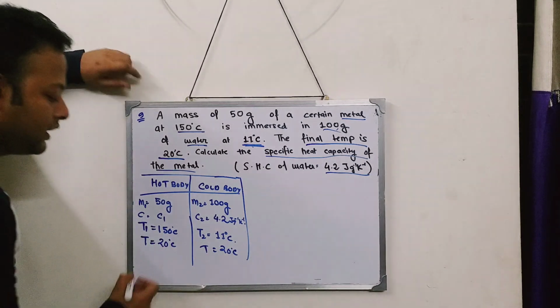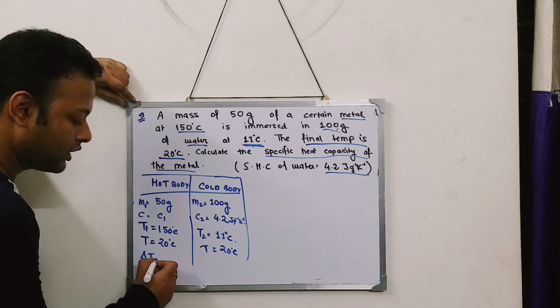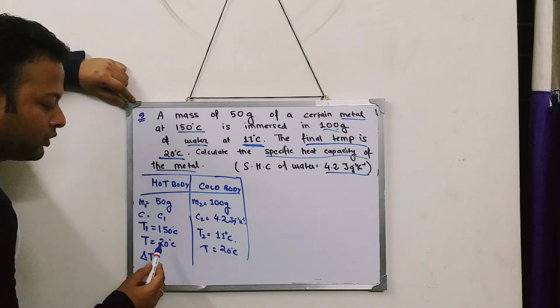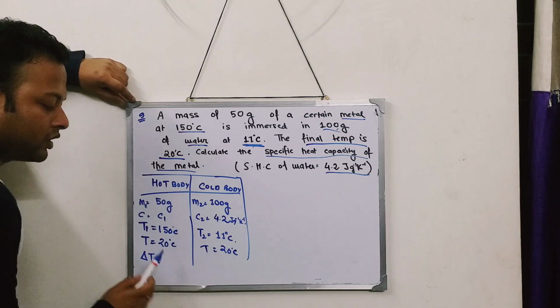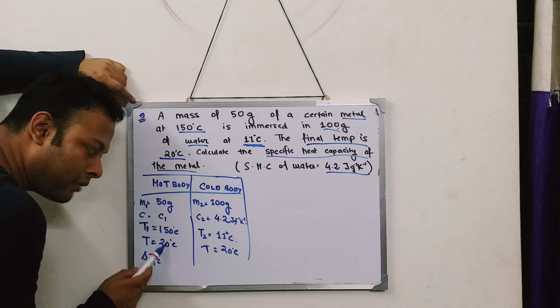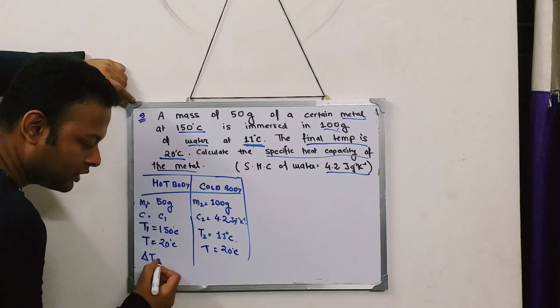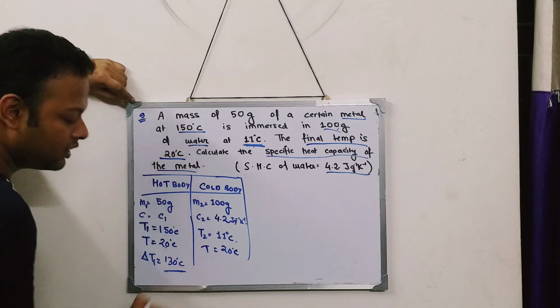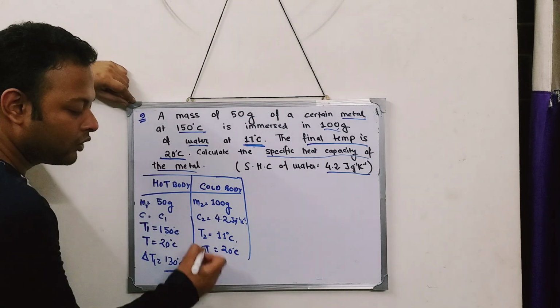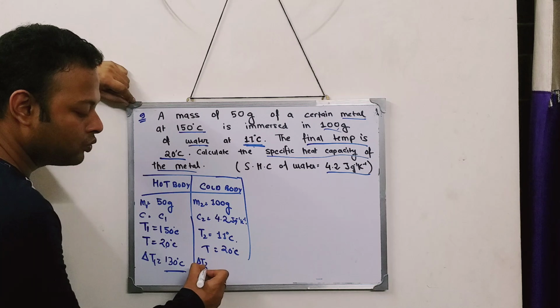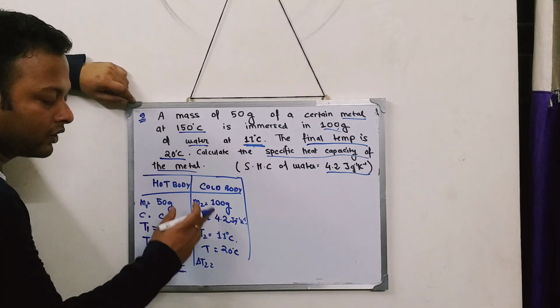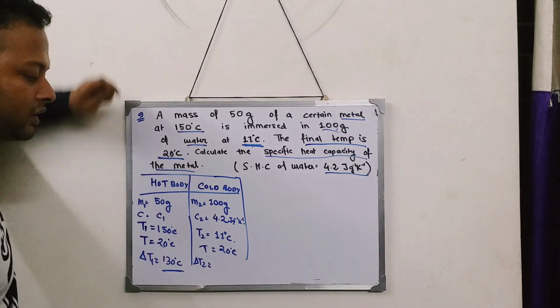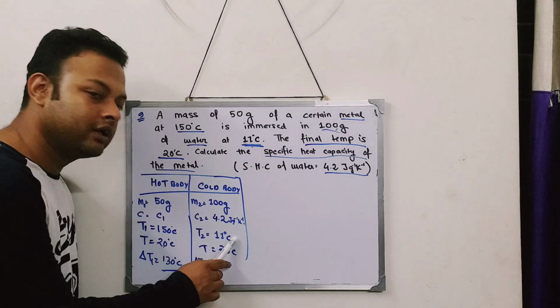So what is the delta T over here? Delta T1 I will consider. Delta T1 will be 150 minus 20. Higher minus lower. So higher minus lower will be how much? 130 degrees centigrade. That is the delta T1. And over here, delta T2, that is for the cold body. What is the difference of temperature? Temperature was initially at 11 degrees.